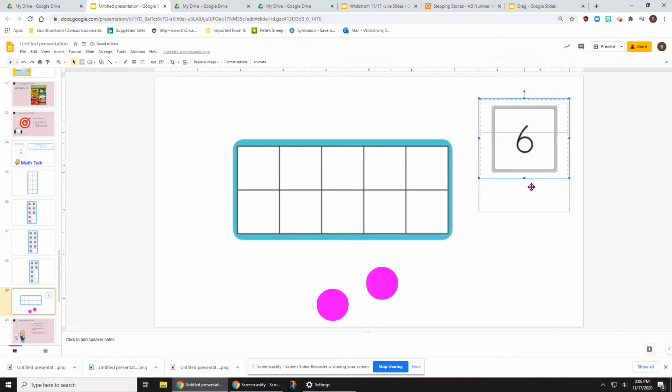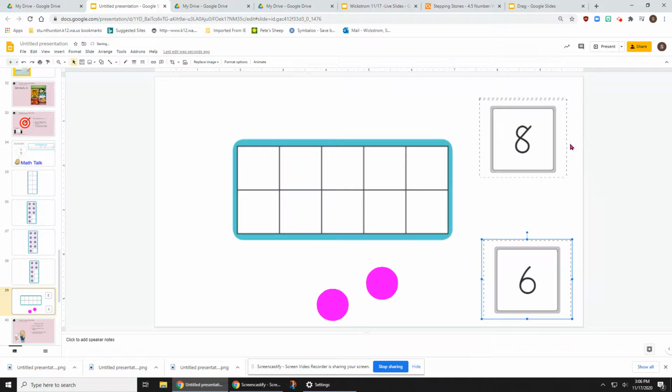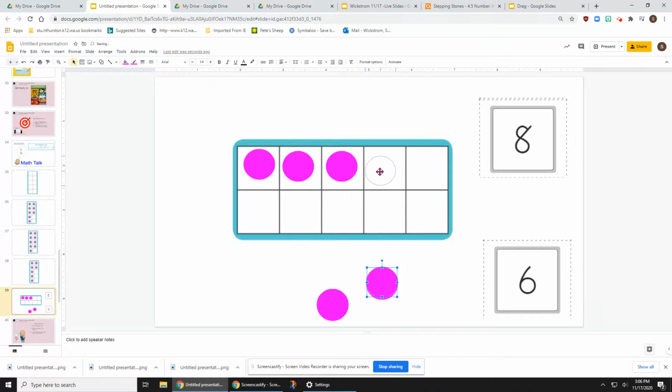All right, let's do the next one. I'm going to pull this card off, and the card underneath it is an 8. Let's go ahead and do 8. So you can either count with me or fill in your own 10 frame. Ready? Here we go. 1, 2, 3, 4, 5, 6, 7, 8.